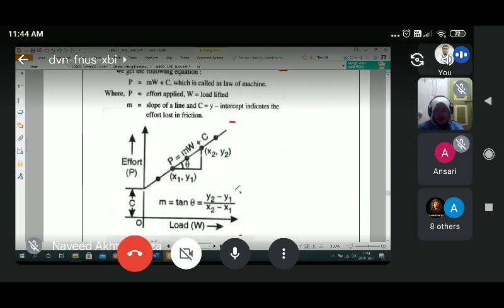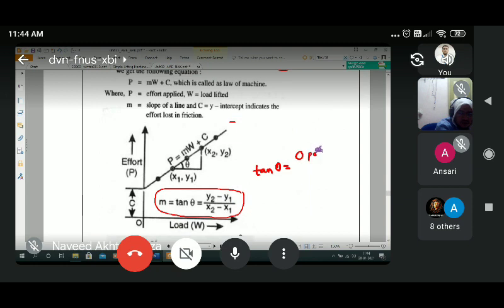And how to find the slope, that is M. So M is equal to the slope, and it is denoted by tan theta. You know that tan theta is nothing but opposite upon adjacent.